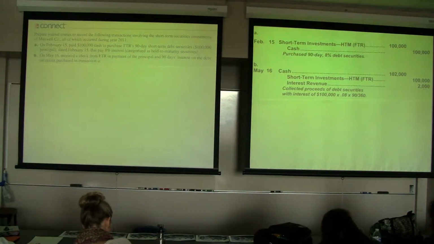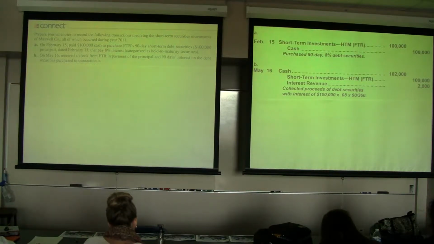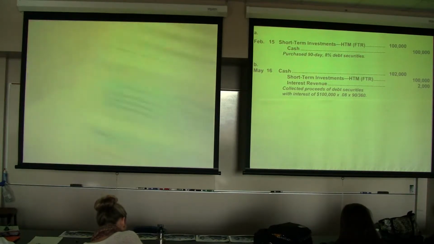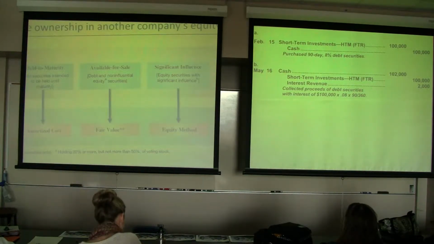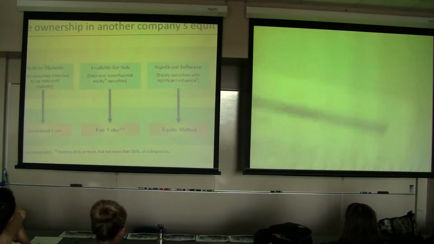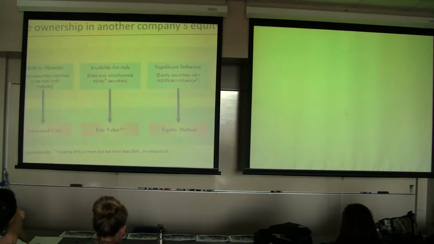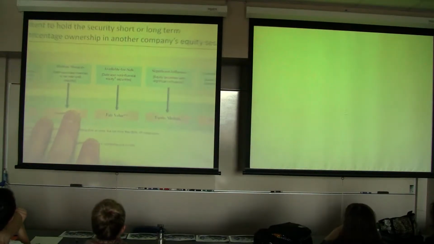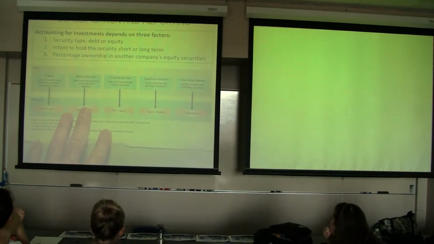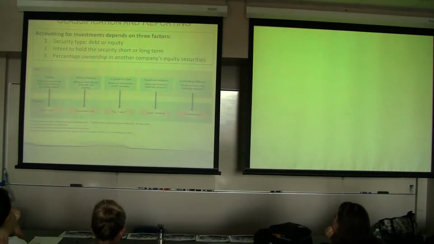So while I have the light up, let's put that slide back up. Don't forget what we're dealing with here, these categories. There are various categories of investments, and which category it's in determines how you work with it.